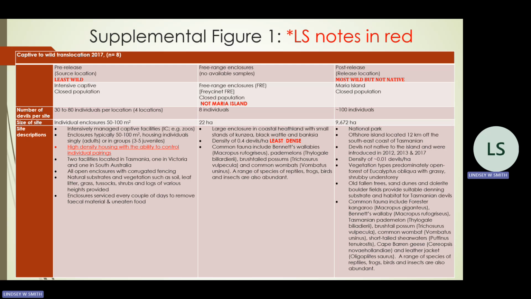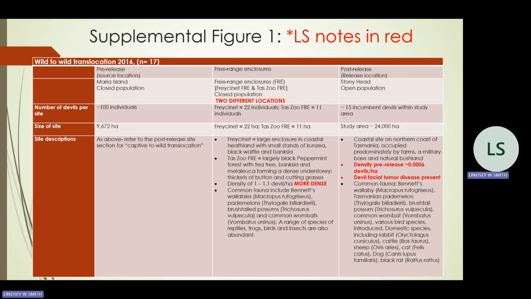Mainly, notes are in regards to the confinement or closeness of the animals. I also made note that Maria Island is considered a wild enclosure, but it is not Tasmania, so it is not their native island. And then further, here's the wild to wild translocation.